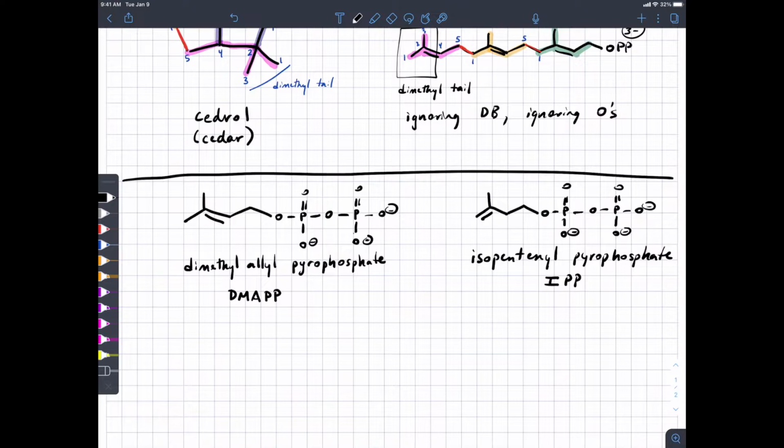Okay, so we're going to put our 351 hats on for a minute and think about leaving groups. Pyrophosphate's a good leaving group. It's on a primary carbon, but it's not just any primary carbon, it's an allyl carbon, which means that if the leaving group leaves, you've got a resonance stabilized carbocation.